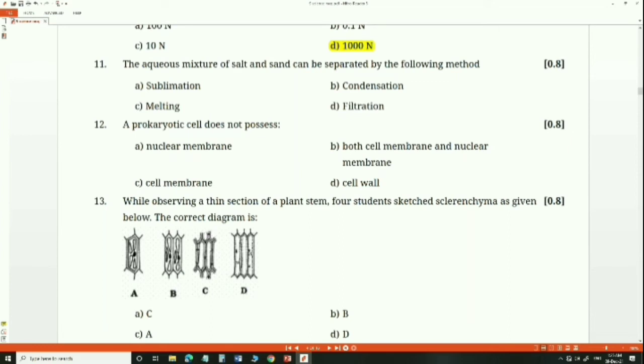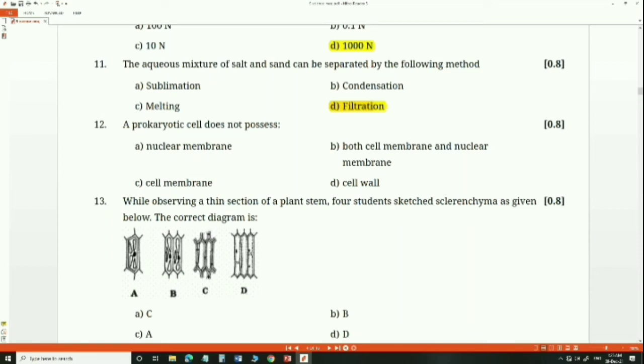C. Melting. D. Filtration. The true answer is D, filtration. Why? Because we filter the solution to get sand separated. Now the filtrate on evaporation will give salt back.